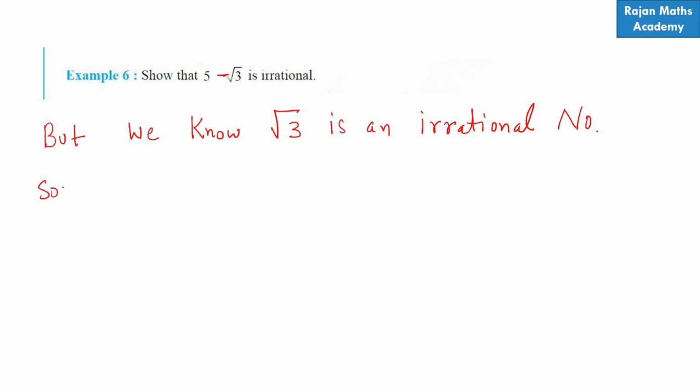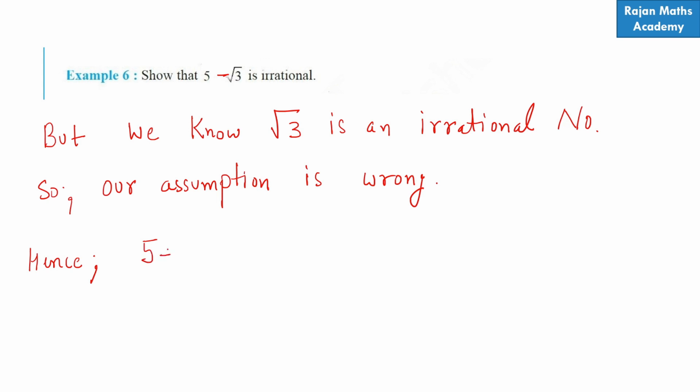So our assumption is wrong. Hence 5 minus root 3 is an irrational number.